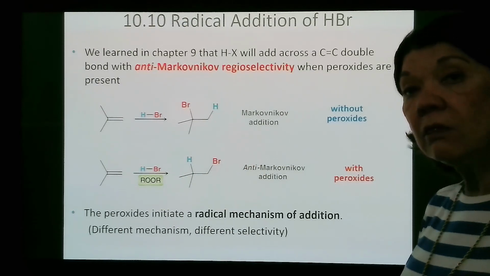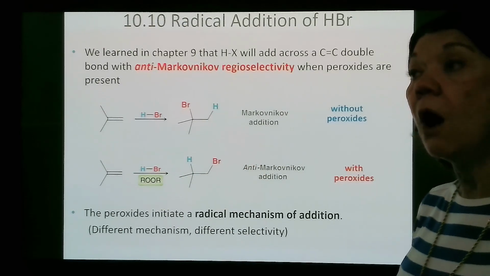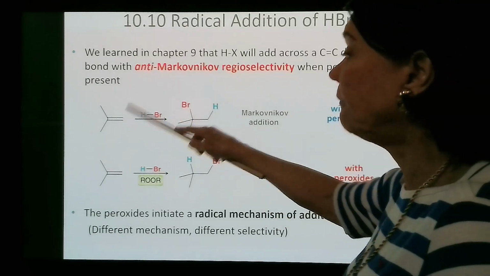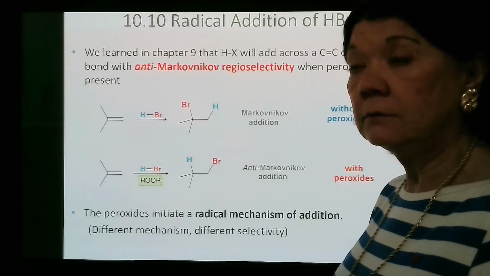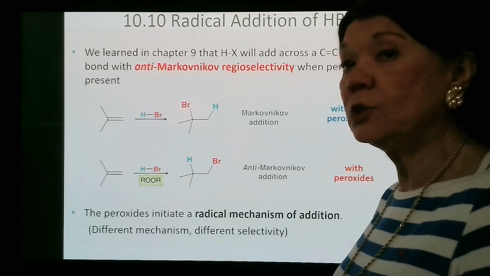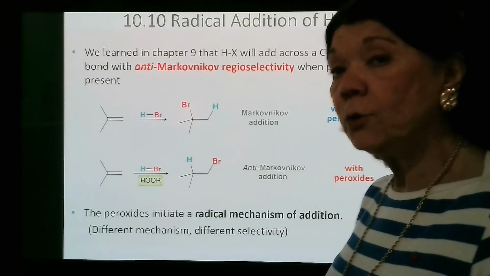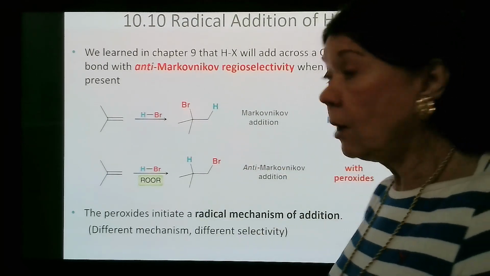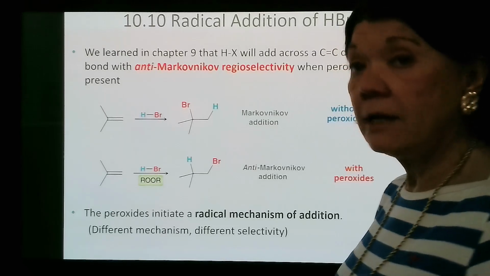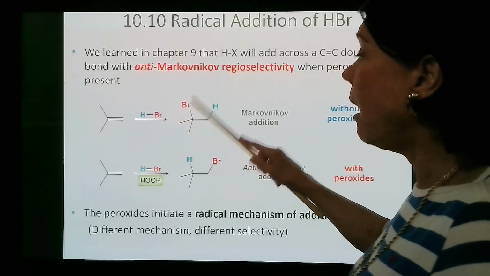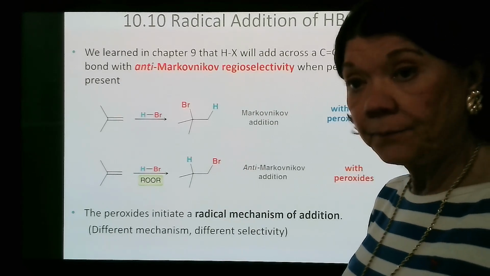So the important things to remember here are, first, the first step is protonation. And the more stable carbocation is formed. Once you have the more stable carbocation formed, that dictates where Br- must attack.